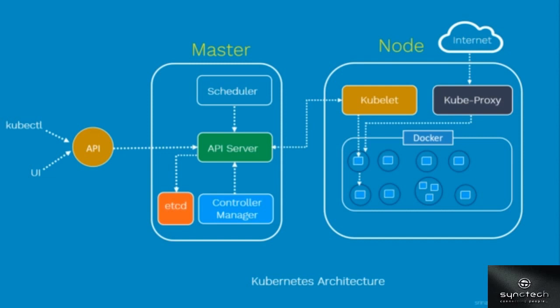If you want to create, update, delete, or even display any Kubernetes object, it has to go through the API server. Next, the scheduler is responsible for scheduling pods across the nodes inside the cluster. Next, the controller is responsible for the overall health of the entire cluster. It ensures nodes are up and running and the correct number of pods are running as mentioned in the spec file.